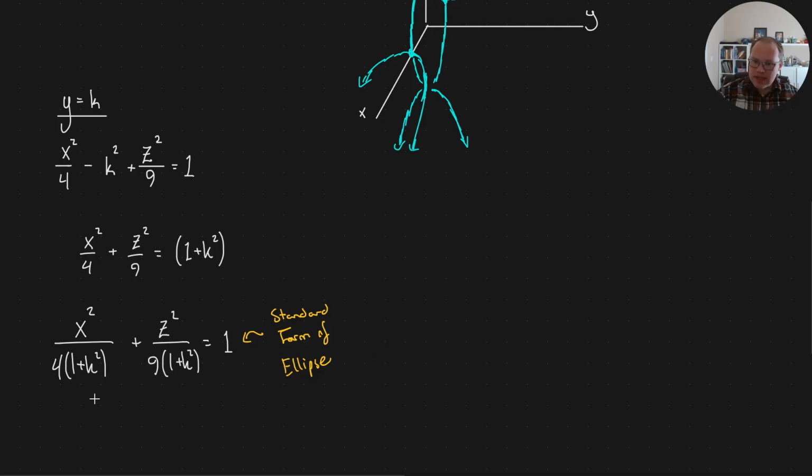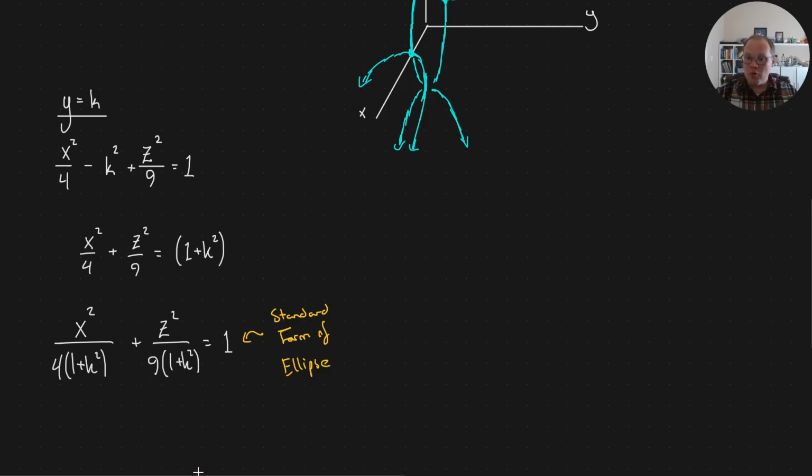If I put it in standard form, then I notice that as the k gets bigger, as the constant I'm setting the y equal to gets bigger, how far I spread out in the x direction and in the z direction also gets bigger. I'm getting bigger ellipses. And notice because the k is squared, that's also going to happen in the negative direction, right? The bigger negative numbers mean I get a bigger denominator here and here.